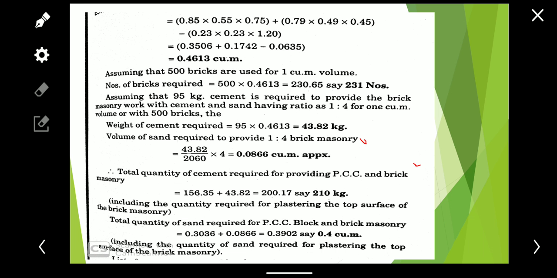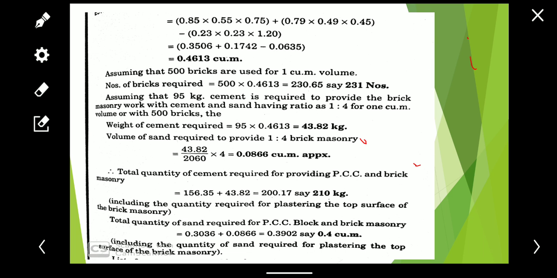So the weight of cement required is 95 into 0.4613, which is 43.82 kg of cement. Then the volume of sand required for the brick masonry is 43.82 kg divided by 2060 into 4. So approximately 0.0866 cubic meter of sand is required.